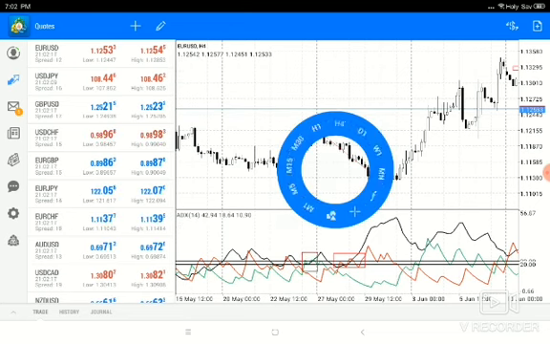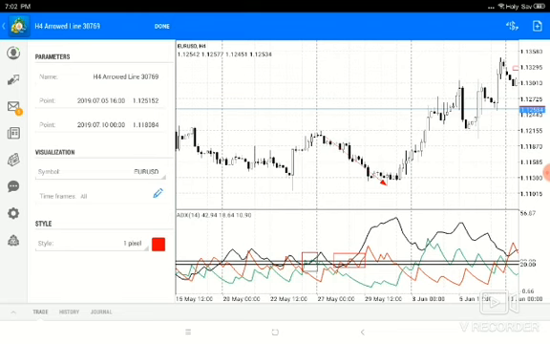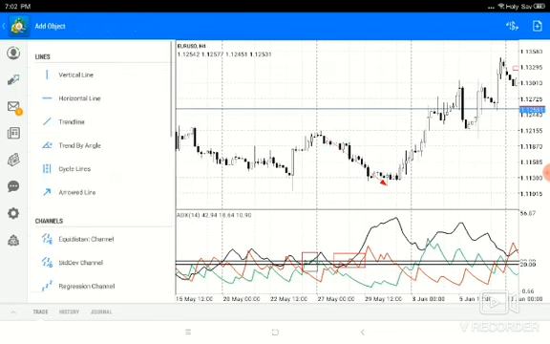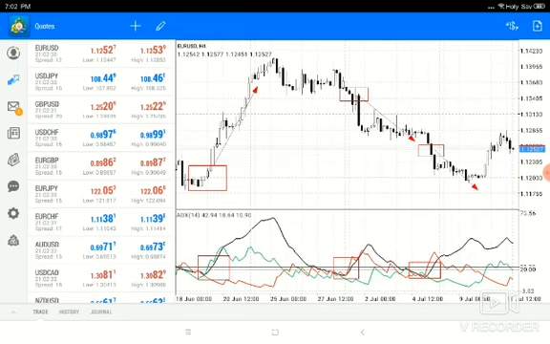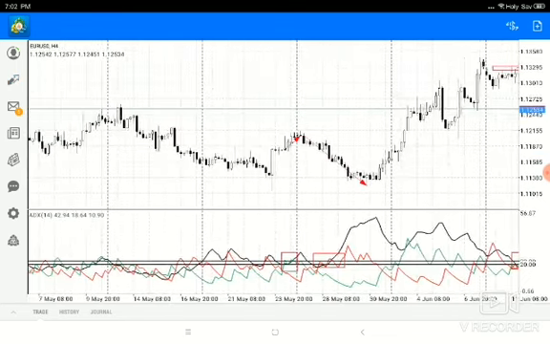This buy here, price went up. So price went up here. So that's a very good trade.